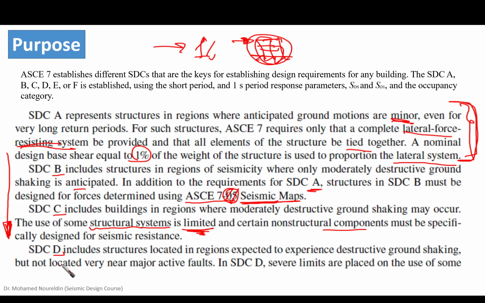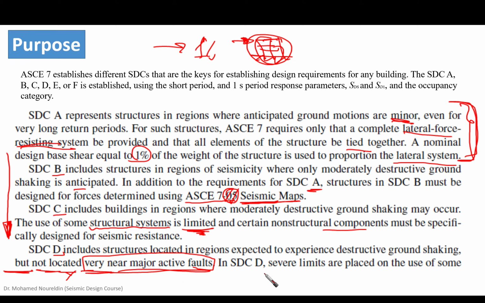SDC D includes structures located in regions expected to experience destructive ground shaking, but not located very near to major active faults. Actually, we end at D, where we are far from the earthquake source. Starting from E and F, we are going to get closer to it. So for very near major active faults, this is not for our D. It is not located in the vicinity of the earthquake fault.